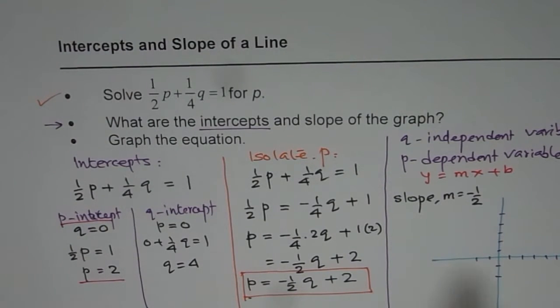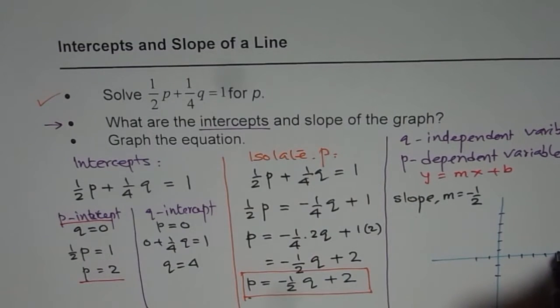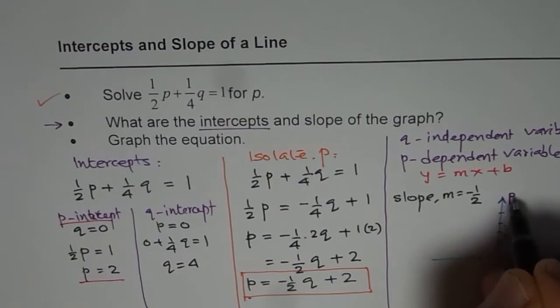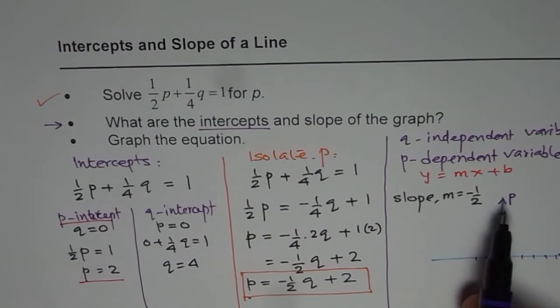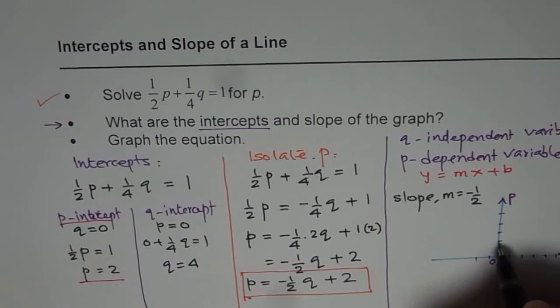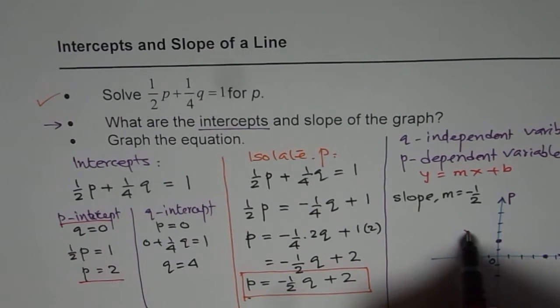Q is the independent variable, so I'll take q along the x-axis and p along the y-axis. Here I have 0. The p-intercept is 2, 1, and this is 2. The q-intercept is 4, 1, 2, 3, 4. There it goes. Joining these points, I get my line. So let me just join them approximately with this kind of line.